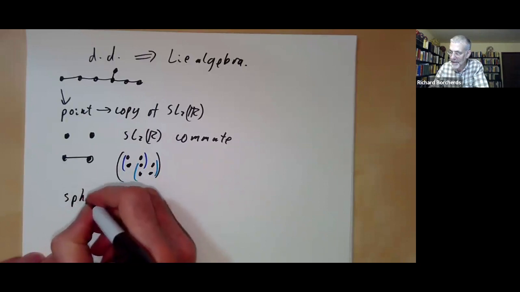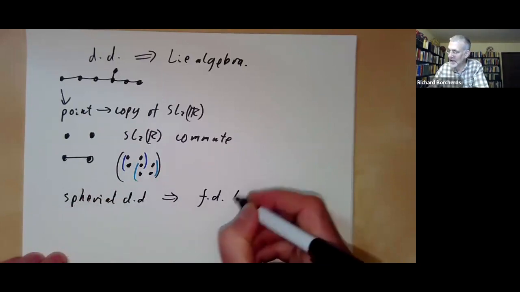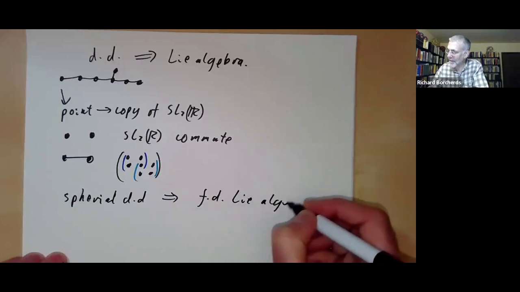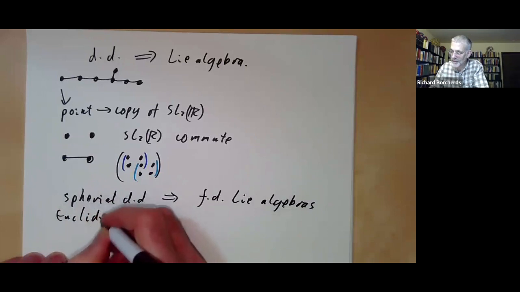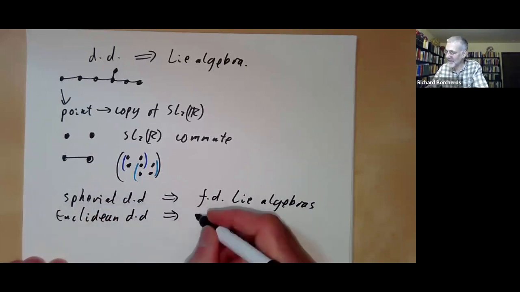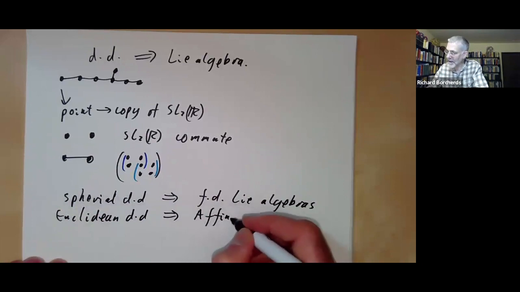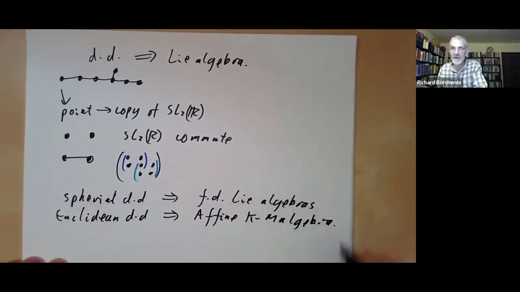Spherical Dynkin diagrams just give you finite dimensional Lie algebras. Euclidean Dynkin diagrams just give you the famous affine Kac-Moody algebras, which have been heavily studied by physicists.